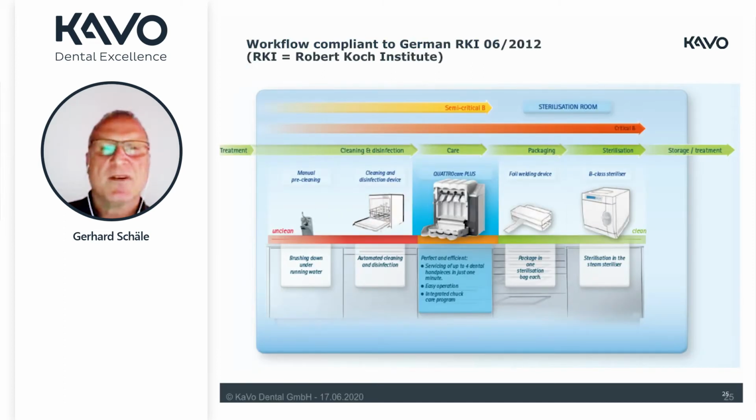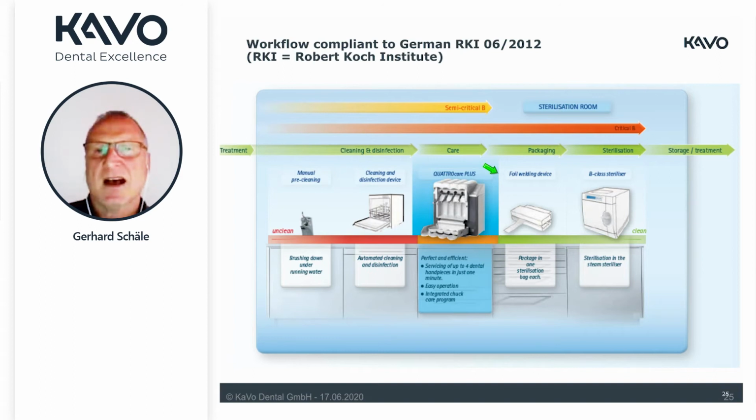Here we have a workflow shown for you. That means what I told you here, and we separate the instruments into semi-critical and critical. You see that the semi-critical procedure ends directly in this position.